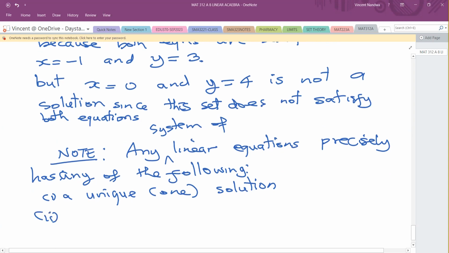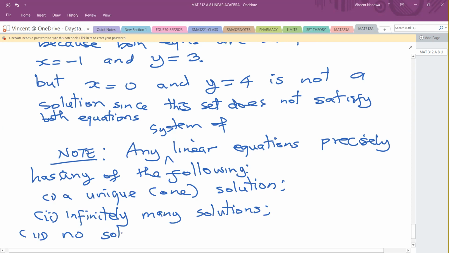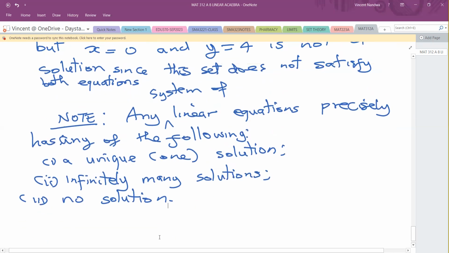Two, infinitely many solutions. And then number three, no solution. So for any given system of linear equations, it will either have just one solution, or it may have infinitely many solutions, or it will have no solution.